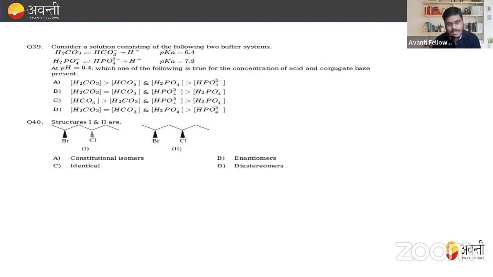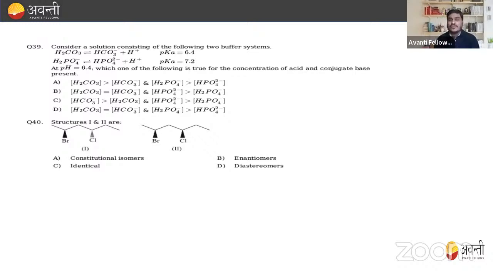Now, next question 39, and this is a good question, I guess. So try to learn from this question as well. What does the question state, beta? Consider a solution consisting of the following two buffer systems: H2CO3 plus HCO3 negative, having pK value 6.4, and similarly H2PO4 negative to HPO4 twice negative, having pK value 7.2.